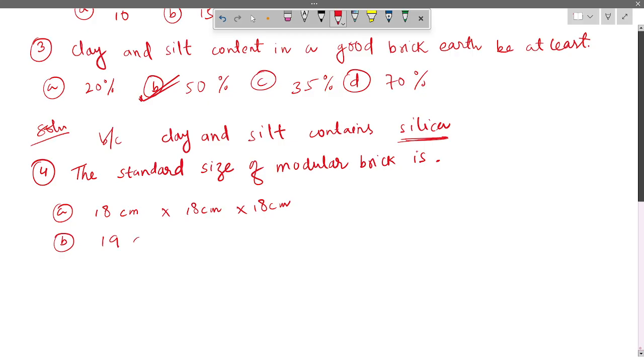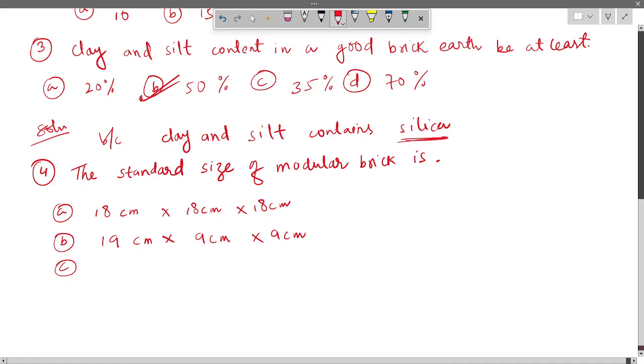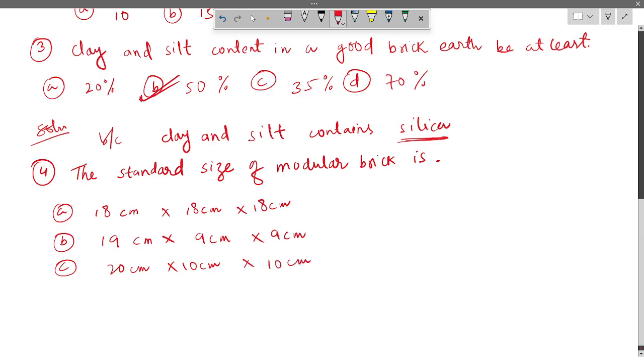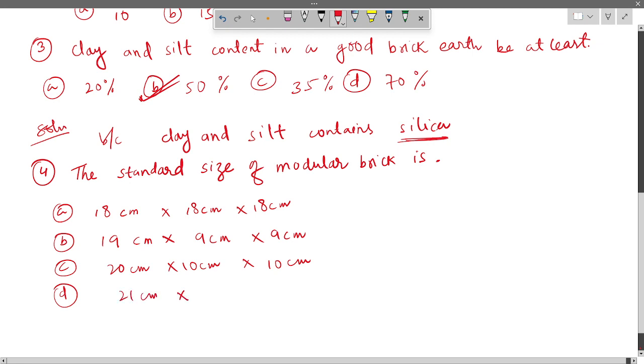19 centimeter into 9 centimeter into 9 centimeter. Now we will move to C. It is 20 centimeter, 10 centimeter and 10 centimeter. Now move to option D. It is 21 centimeter, 11 centimeter, 11 centimeter.